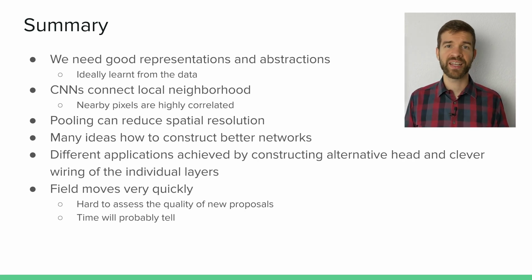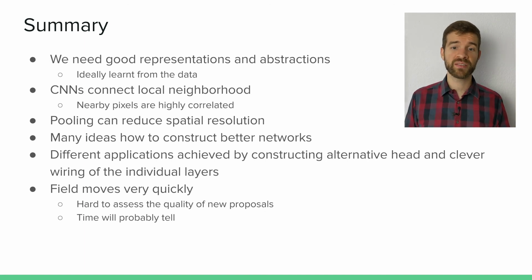And CNNs have this one specific layer type, the convolution, that learns to connect this local neighborhood by only taking a look at a small area in the input image, because nearby pixels are typically highly correlated. We have talked about pooling layers that can help us to reduce the spatial size to be more efficient, and there are many ideas how to construct better networks.